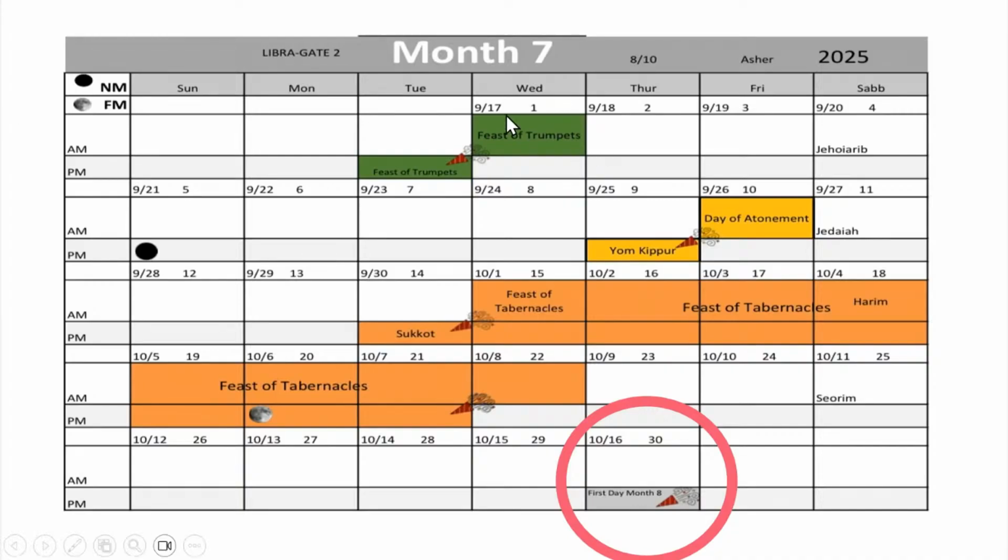So my first new moon was September 21st. We confirmed that that new moon was in fact in Libra. Then we have the full moon on October 6th. We confirmed that full moon was 180 degrees from Libra and it was in Aries. Okay, so that's my moons for the 7th month.